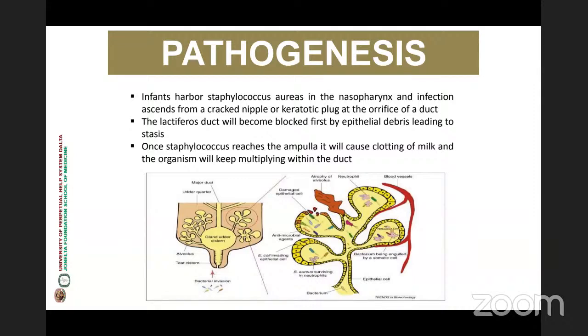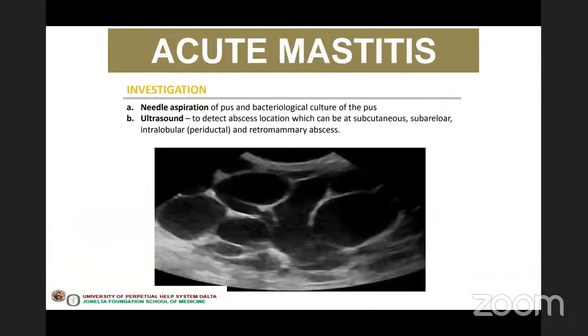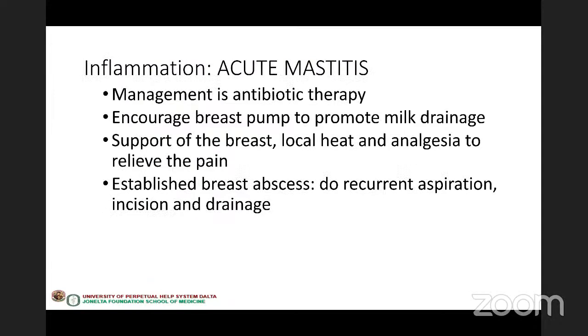This will irritate the surrounding tissue, causing inflammation and leading to periductal mastitis and abscess. This causes fibrosis, which presents as a chronic inflamed mass beneath the areola and may mimic carcinoma. So with this condition, duct ectasia and periductal mastitis, if you're not careful, you will have to consider carcinoma.